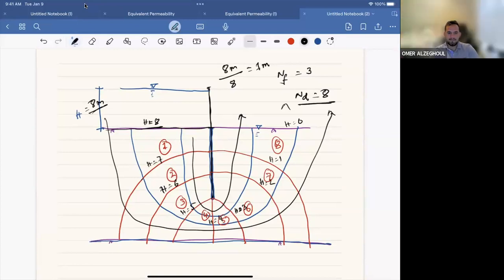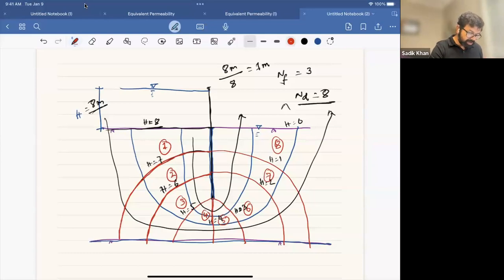Now, what is the meaning of it? Meaning is along this line, our pressure is equal and the pressure is H equal to 7. Along this line, any part of this line, right? Along this line, our drop is 6. That's constant all over it, you know?